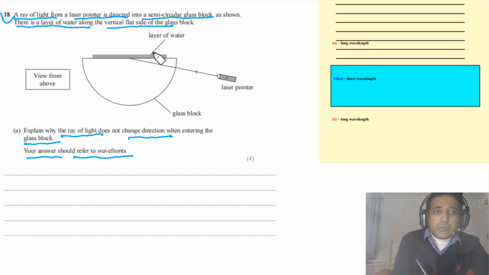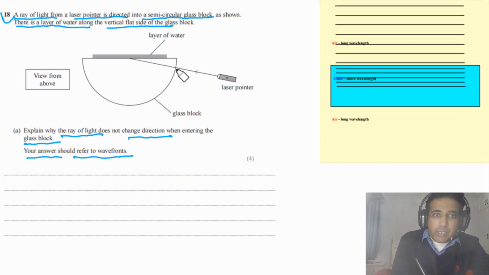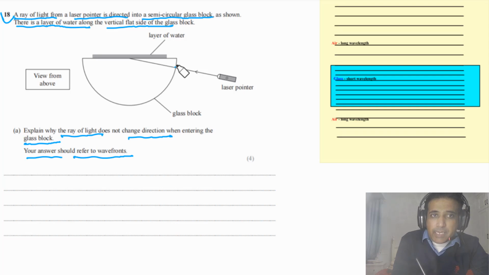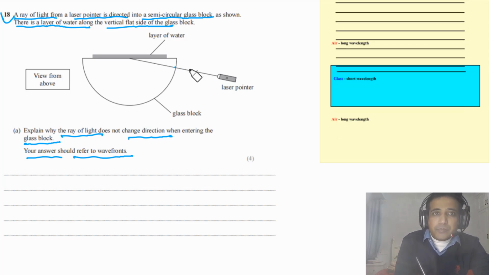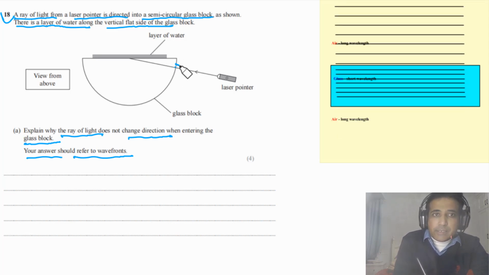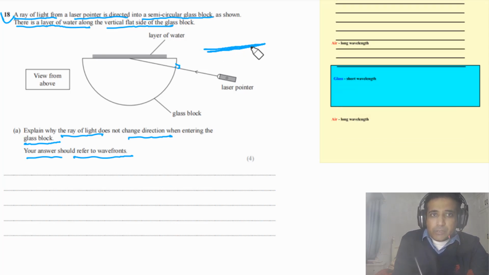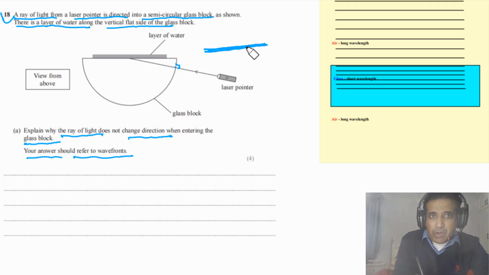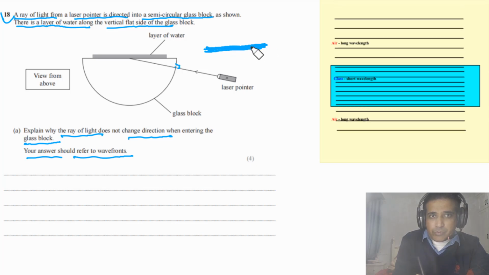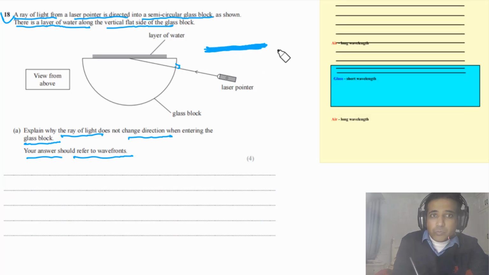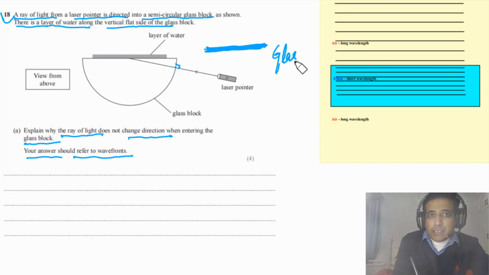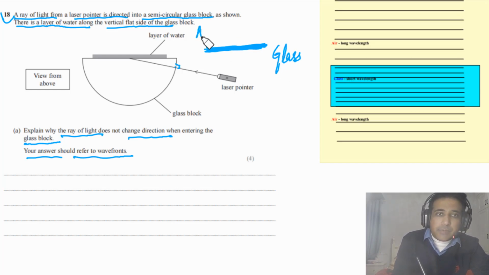So first of all, let's try to understand in a very simple way. If you look at this point, the angle between the surface and the light is 90 degrees. So imagine that this is the boundary between two mediums. You can imagine this one is glass and this one is air.